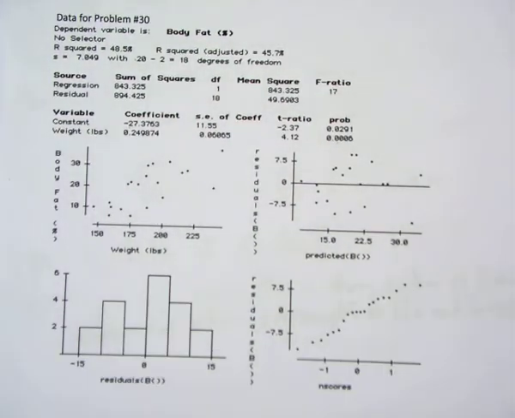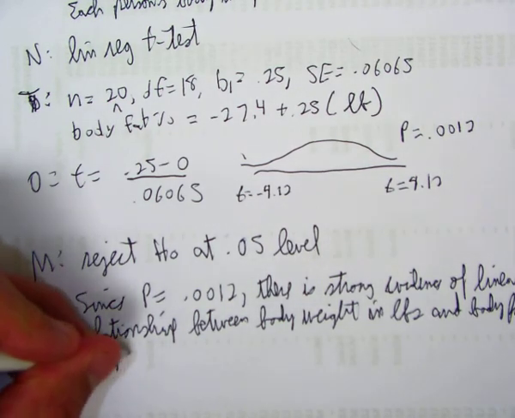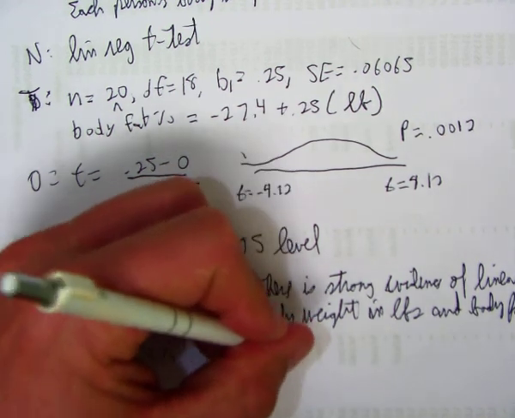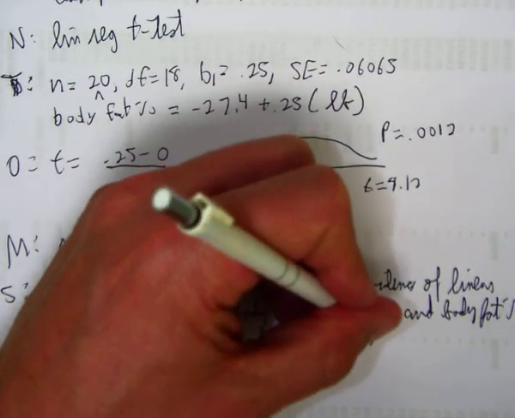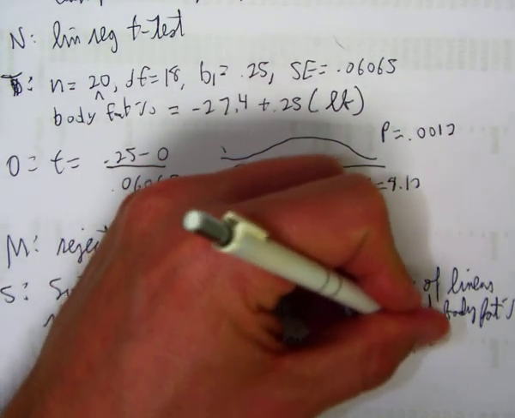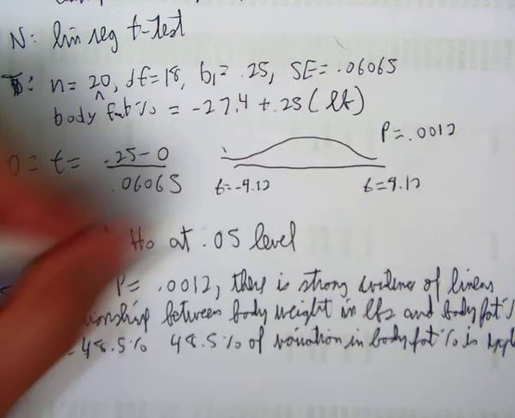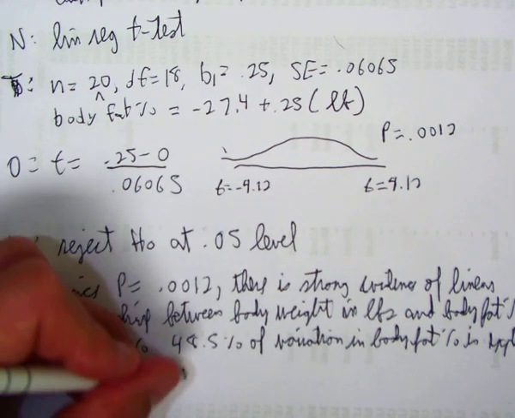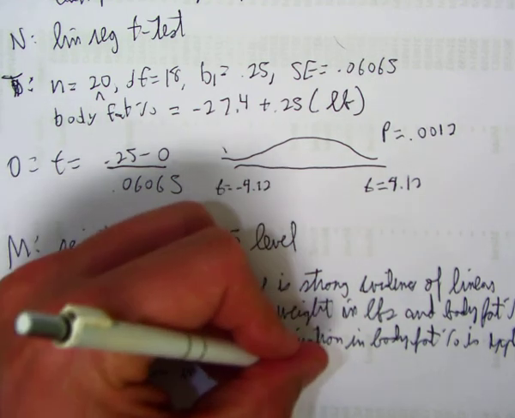Okay, and then what's our R squared? We go over here. R squared is 48.5%. So 48.5% of the variation in body fat percentage is explained by variation in body weight in pounds.